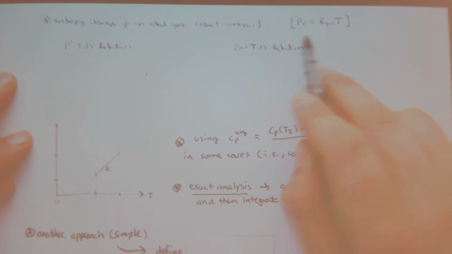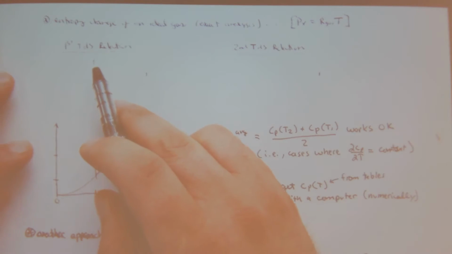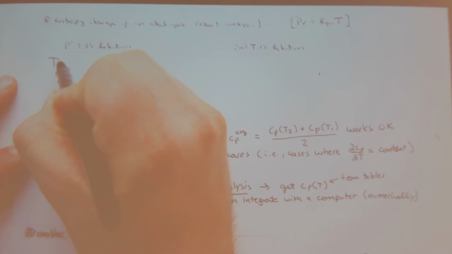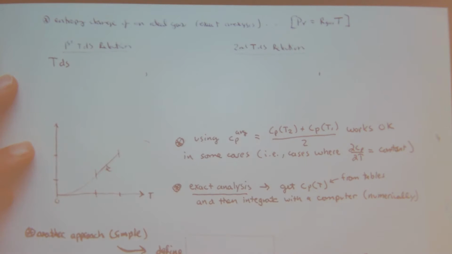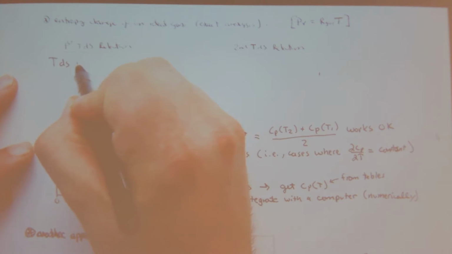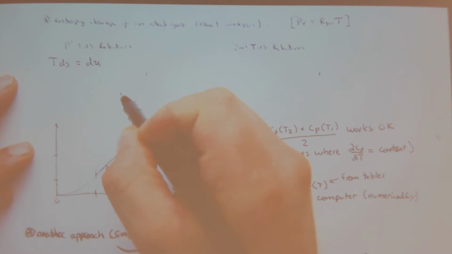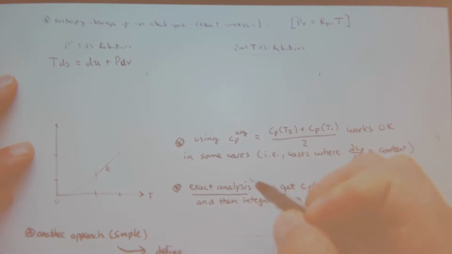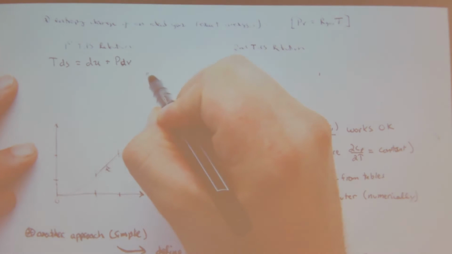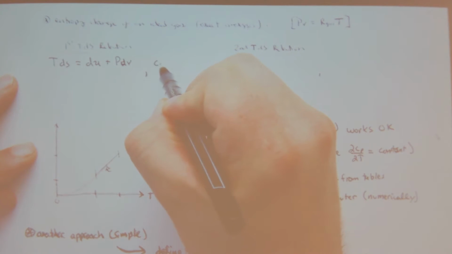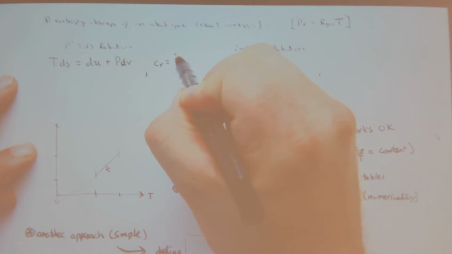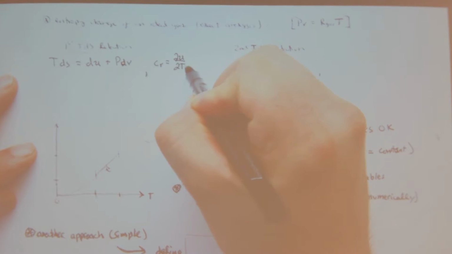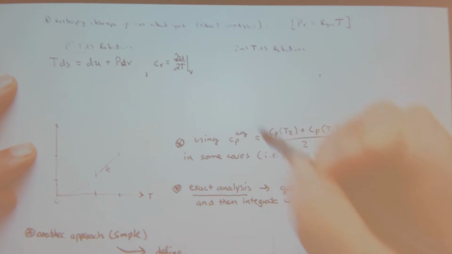So we can look at the entropy change of an ideal gas using exact analysis. So I still have the ideal gas law, and my first TDS relationship is T ds, I'm using small s, equals d small u plus p d small v. And then for this case, Cv equals partial u with respect to T at constant volume, right?